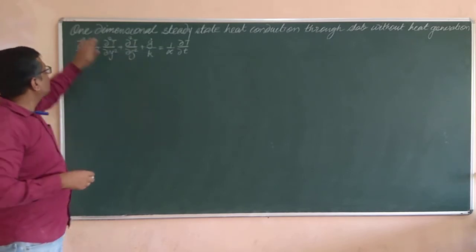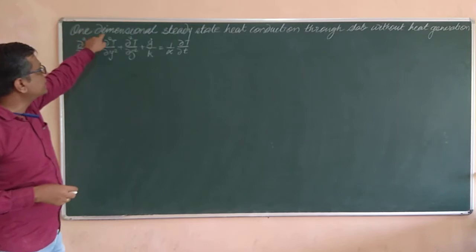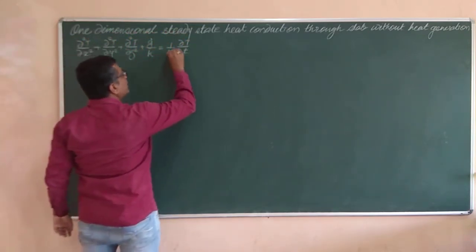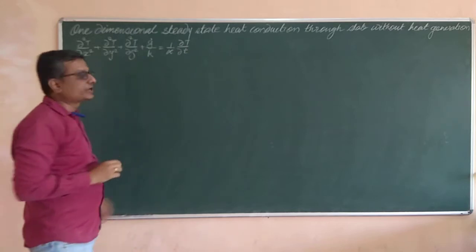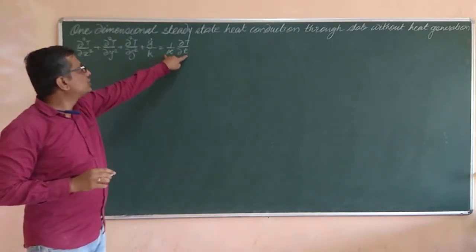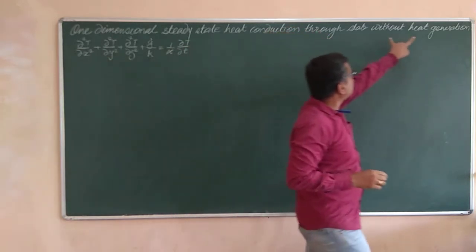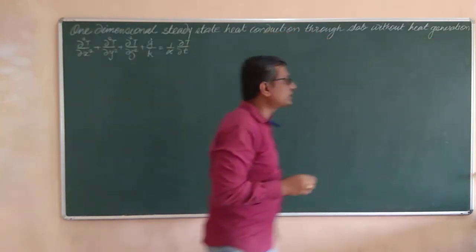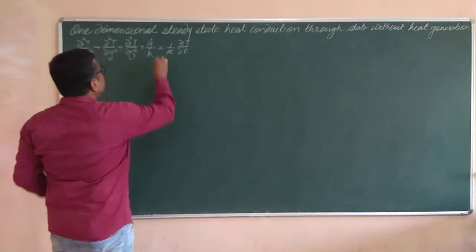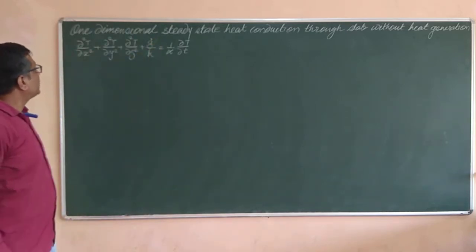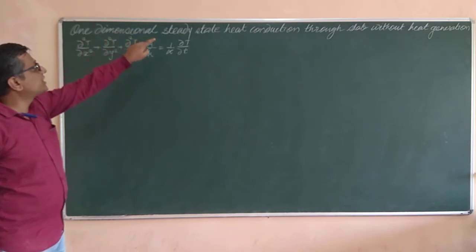Now out of that, what we have considered, if you look at the title, it is the steady state. Steady state means ∂T/∂t will get cancelled, it will become 0. Next, steady state and without heat generation. Without heat generation means this G dot will become 0. This will also get cancelled. Moreover, it is one-dimensional steady state.